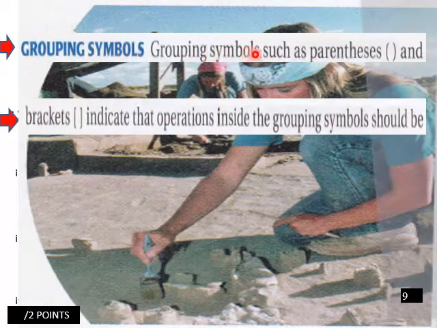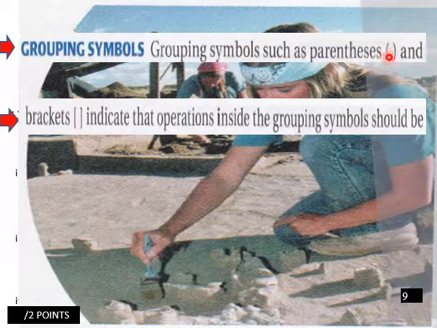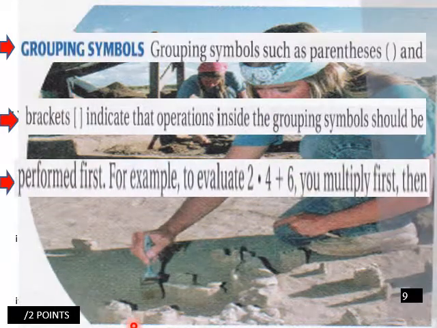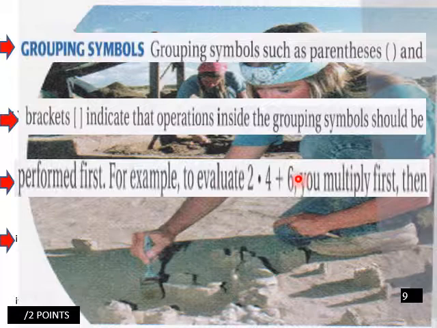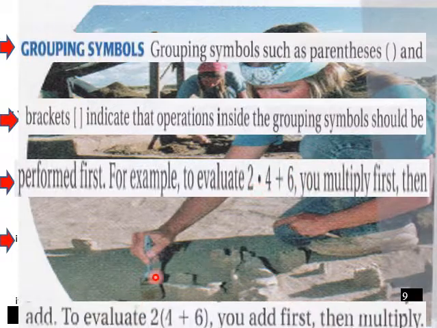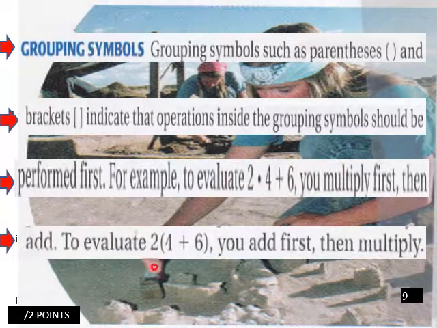Okay, grouping symbols. Grouping symbols such as parentheses, the P in PEMDAS actually, and brackets, indicate that operations inside a grouping symbol should be performed first. For example, 2 times 4 plus 6, you do your multiplication first, then add. To evaluate 2 times the quantity 4 plus 6, you add first.